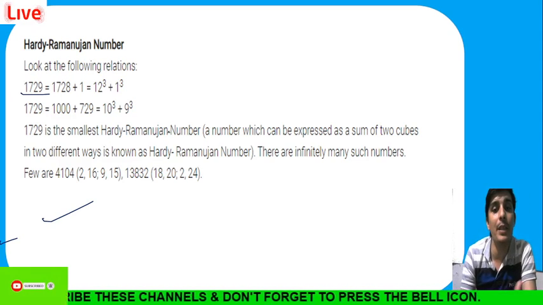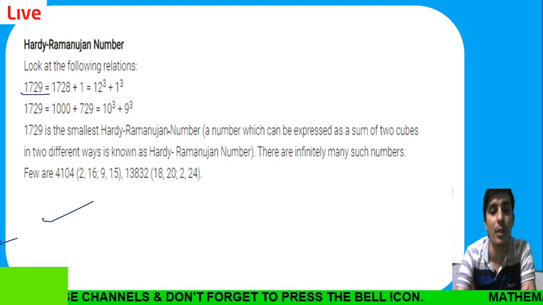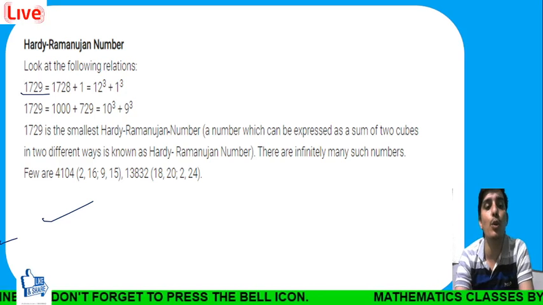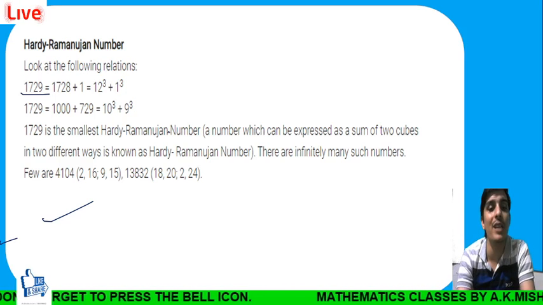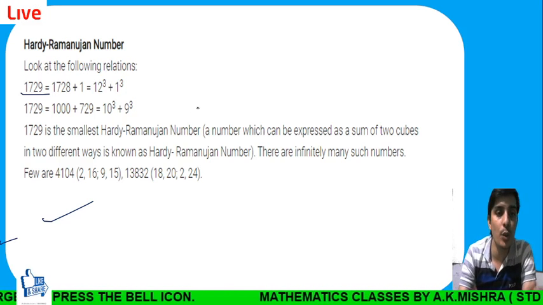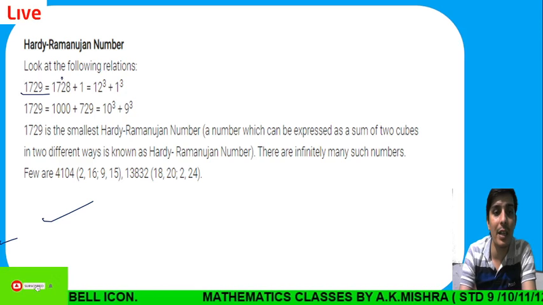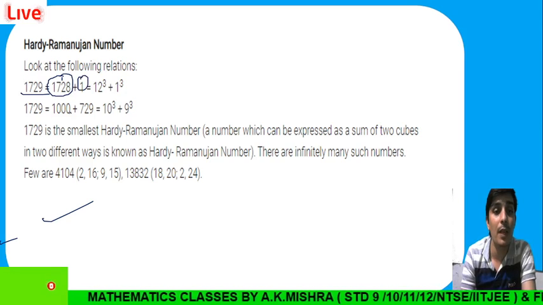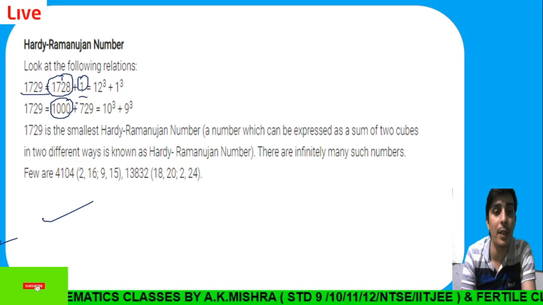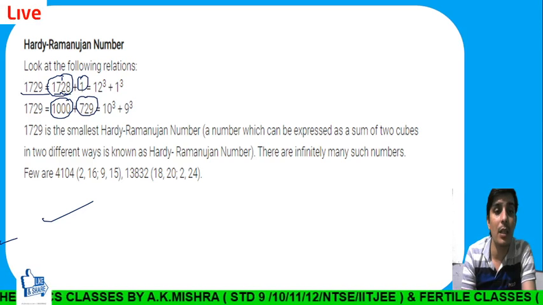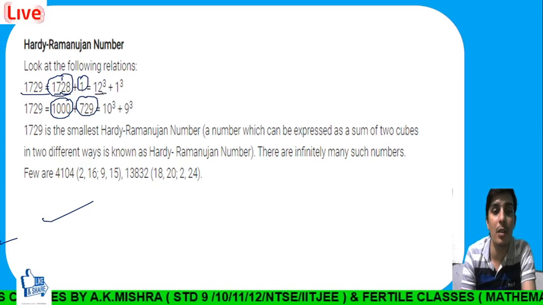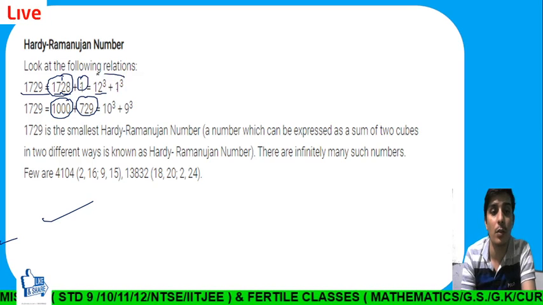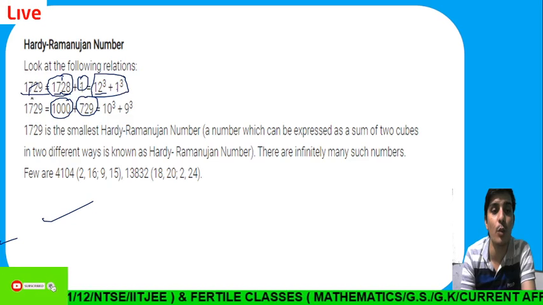What is the Hardy Ramanujan number? The number which can be expressed as the sum of two cubes in different ways is known as the Hardy Ramanujan number. So for 1729 we can write 1728 plus 1, and we can also write 1000 plus 729. 1728 is the cube of 12, and 1 is 1 cube, so this is the first way to express 1729.